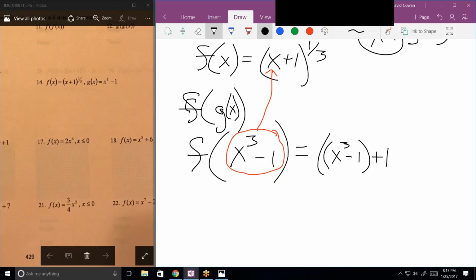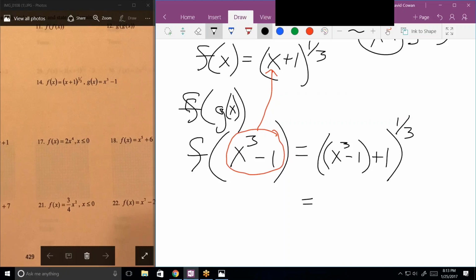In other words, you don't do anything but carry that forward. And I'm taking the whole thing to the 1/3 power. Now I have to simplify this. So what's the first thing I got to do to simplify it? Get rid of the parentheses. Which one?